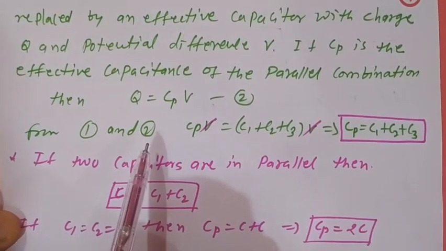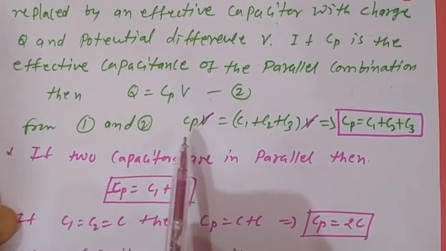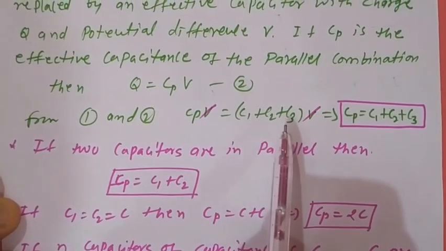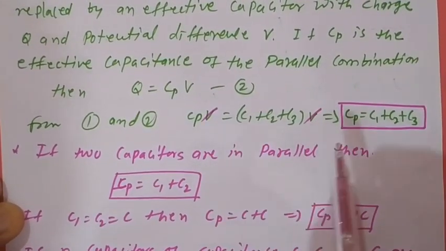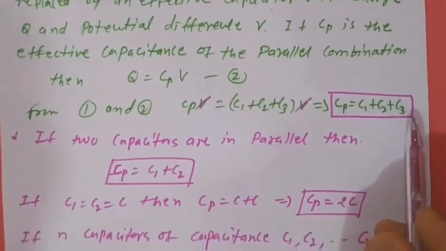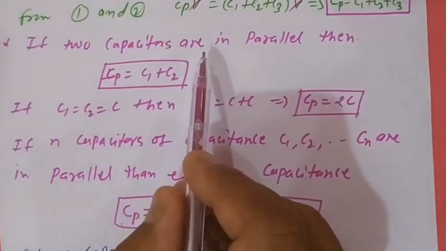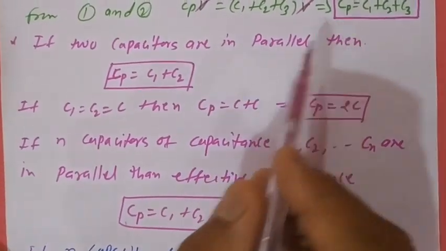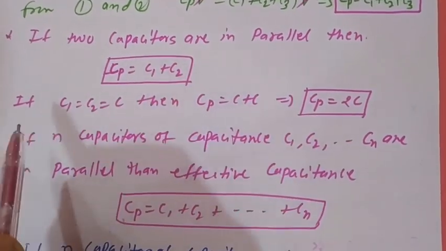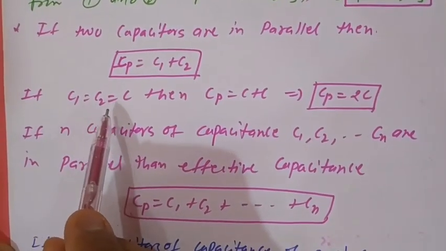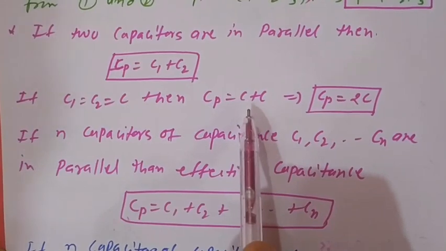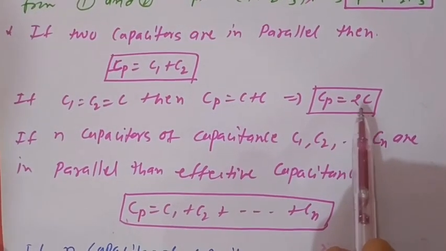From 1 and 2 we equalize the right hand sides. CpV equals (C1 plus C2 plus C3) V. V cancels. Cp equals C1 plus C2 plus C3. If two capacitors are in parallel, then Cp equals C1 plus C2. If C1 equals C2 equals C, then Cp equals C plus C, or Cp equals 2C.